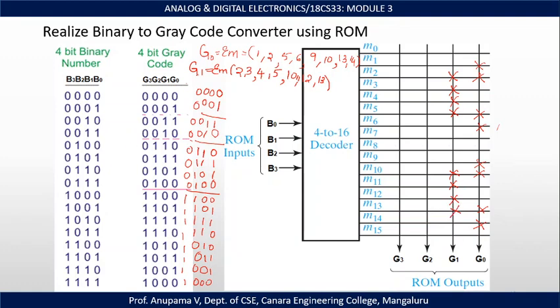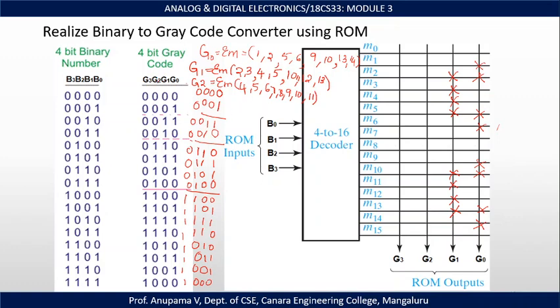Now write the equation for G2. G2 is equal to summation m of 4, 5, 6, 7, 8, 9, 10 and 11.